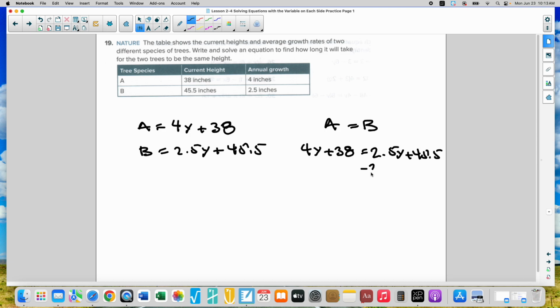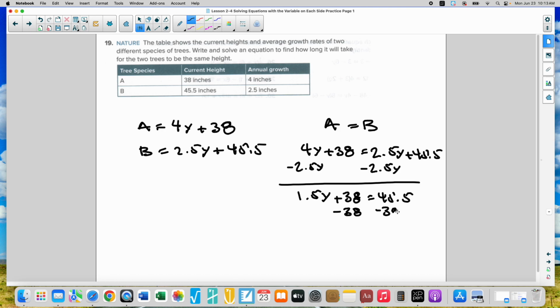So let's move the variables just like we do every single time. That's going to be 1.5y plus 38 equals 45.5, minus the 38. So that's 7.5 equals 1.5y. That's a horrible 1.5.